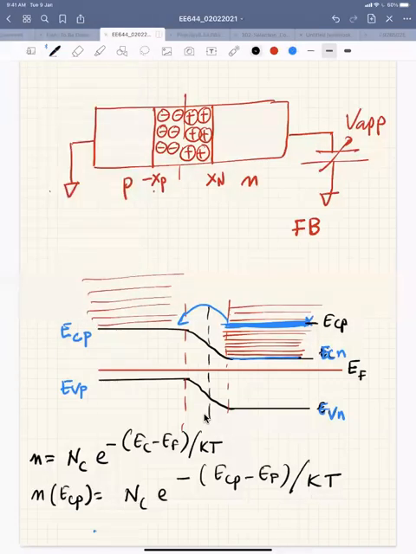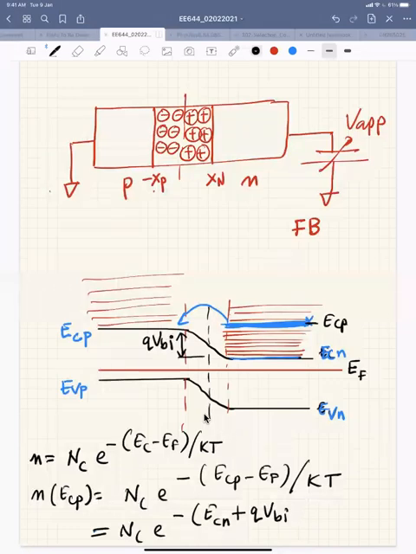We have done this exercise earlier. I could write ECP as ECN plus q times VBI, because this drop here is nothing but q times VBI.